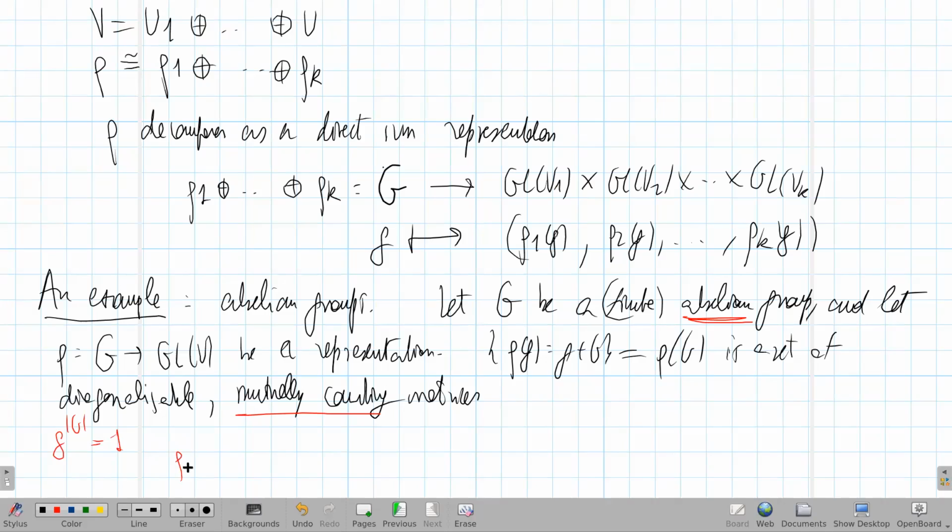So by applying rho you obtain that rho(g) to the order of G minus 1 is 0, I took 1 to the other side. That is, rho(g) is a root of this polynomial, which has distinct roots in the complex numbers, the |G|th roots of unity.